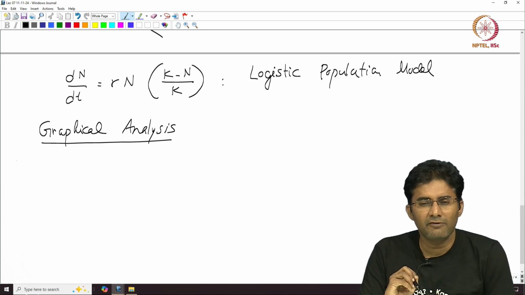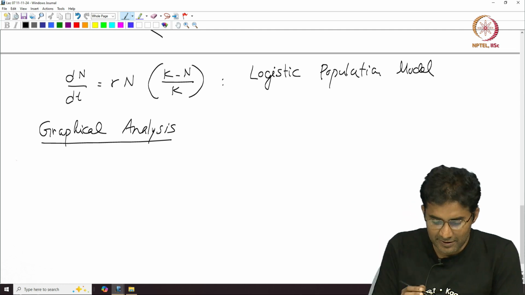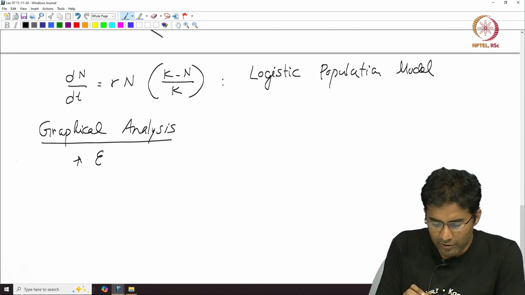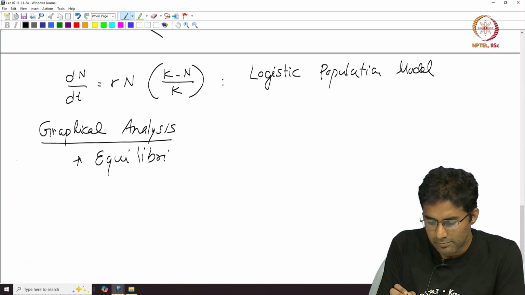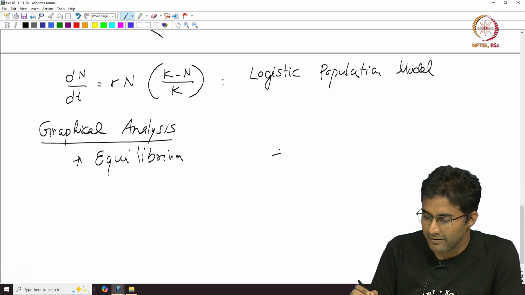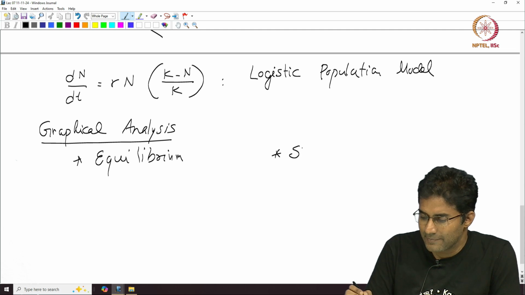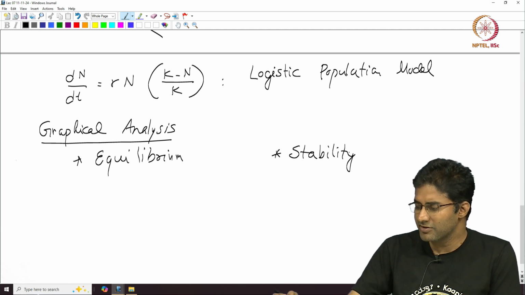This geometric way of analyzing the system involved two things. The first thing is to identify what are called equilibria, and then identify the stability of these equilibria. So what is geometric about this?